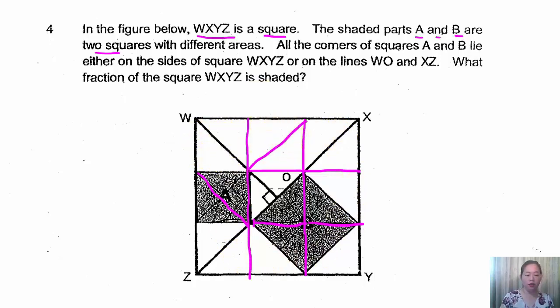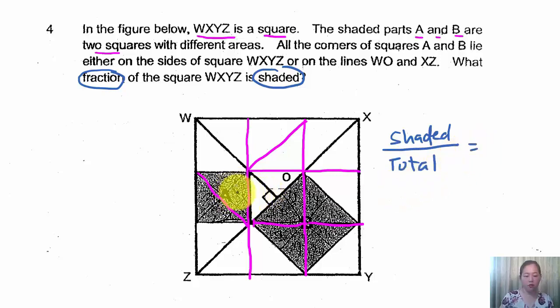So to find the fraction of WXYZ to be shaded, it will be shaded over total. So we can see that the shaded part will be 1, 2, 3, 4, 5, and 6.